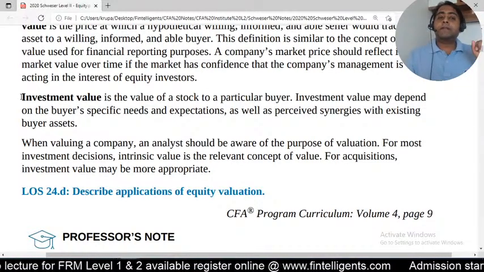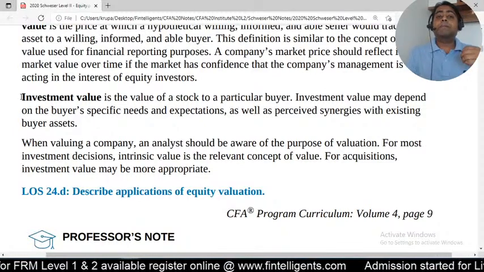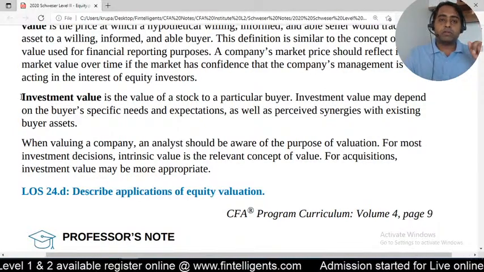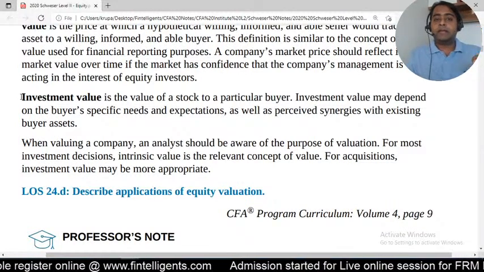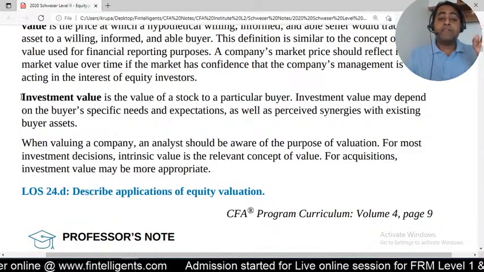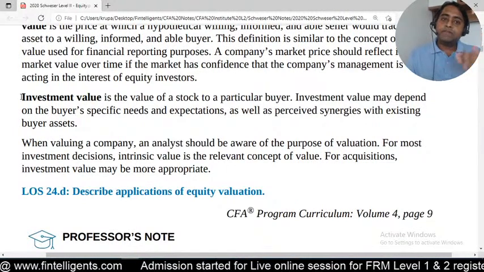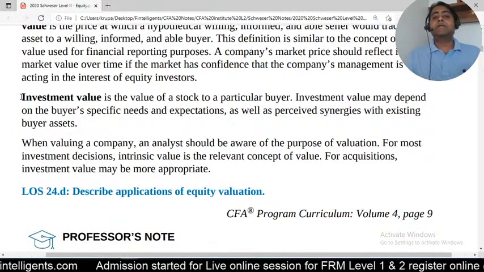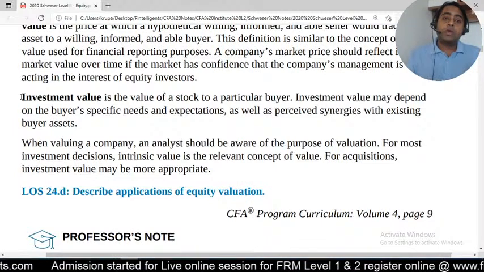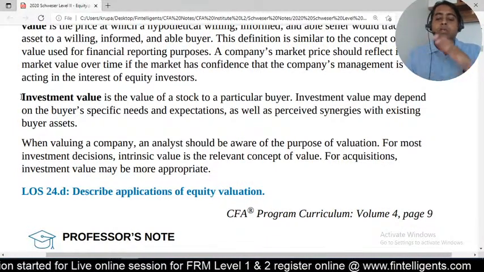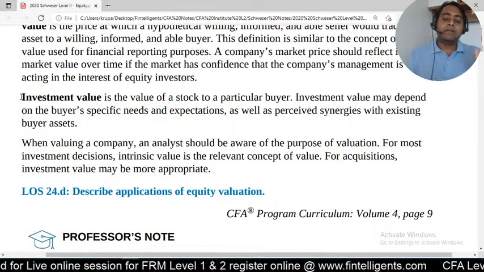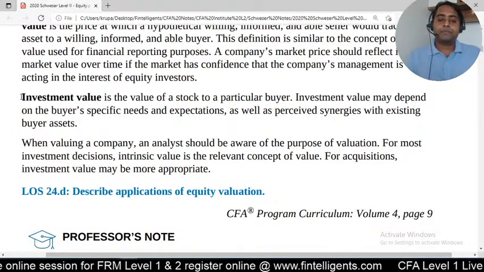If you find that the market price is $100 million, you might be willing to pay $120 million also, because as per you, the synergy is very high of getting that company. The benefit is very high. Even though the fair market value is 100, you might be willing to pay extra also, because as per your understanding, as per your calculation, that is the right price that I can pay. That is the investment value.